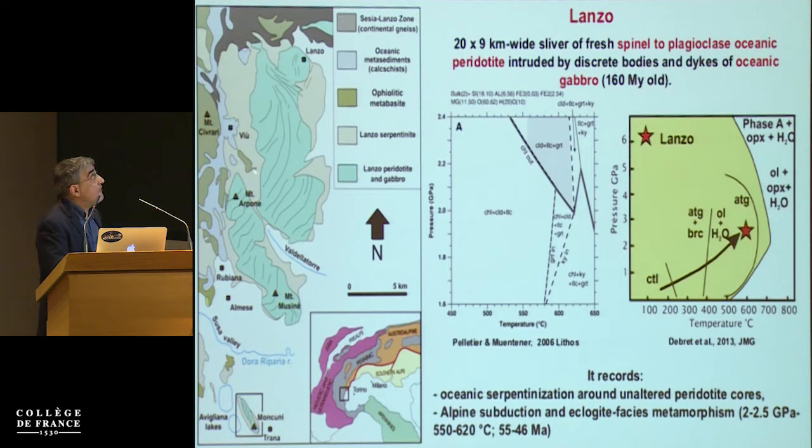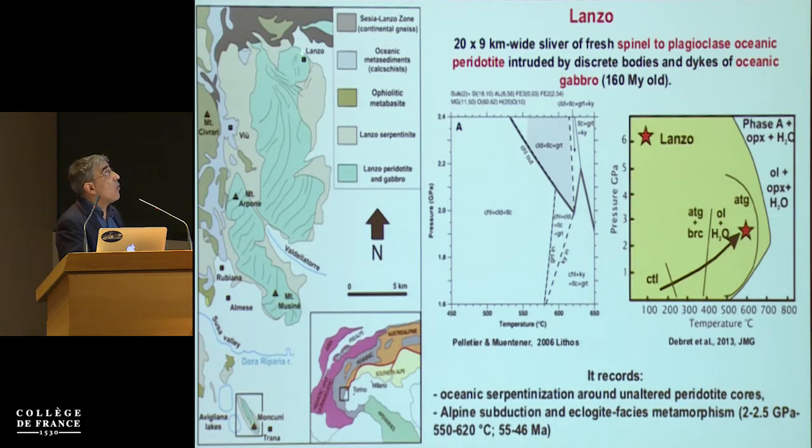It mostly affected the serpentinized domains here and here, bound in the peridotite core, and also here, and only scarcely, in terms of volumetric extent, affected the core of the mantle peridotite and the associated oceanic gabbro, maximum 10% volume of the entire body.